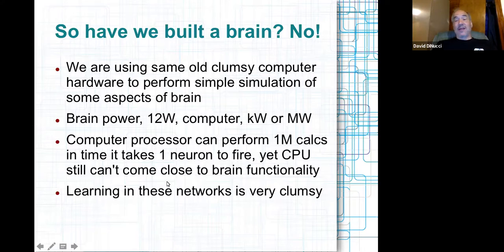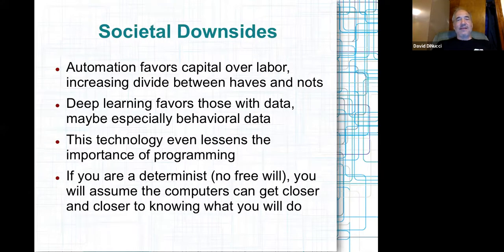And right now, learning in these networks is very clumsy. You just have to give it, by rote, a ton of examples, and have it generalize on the new data. Societal downsides: I just mentioned, automation always favors capital over labor, and this is a form of automation.